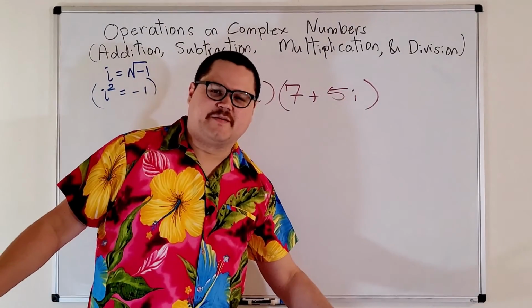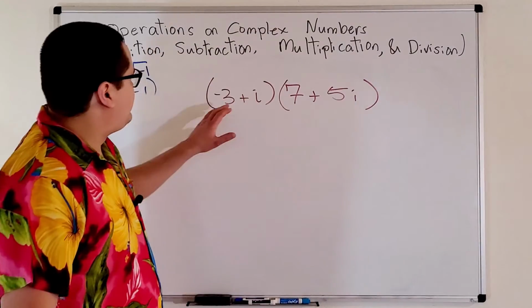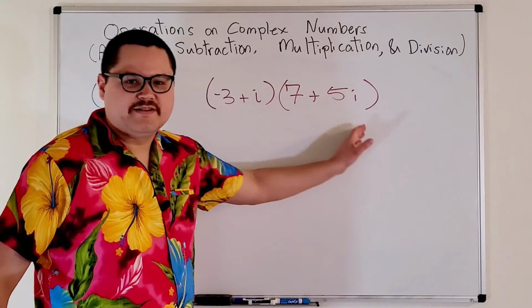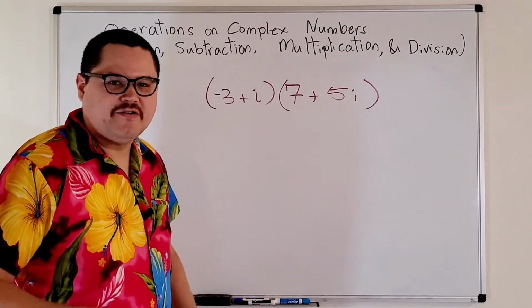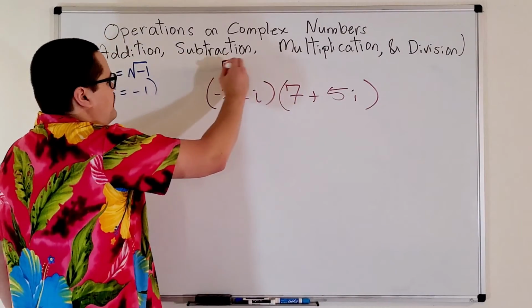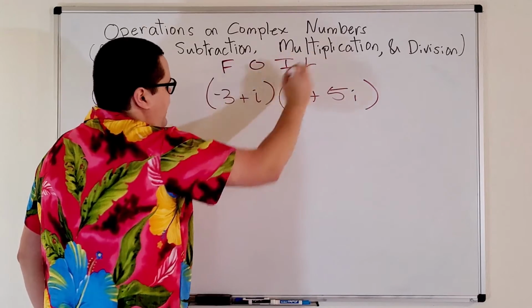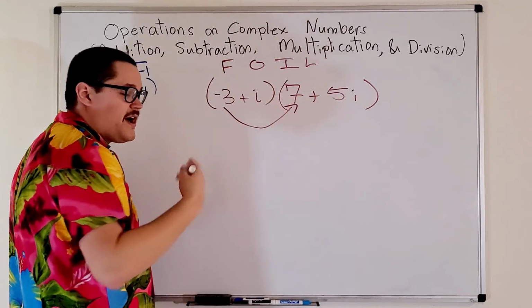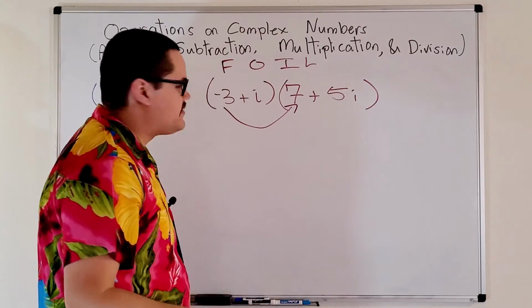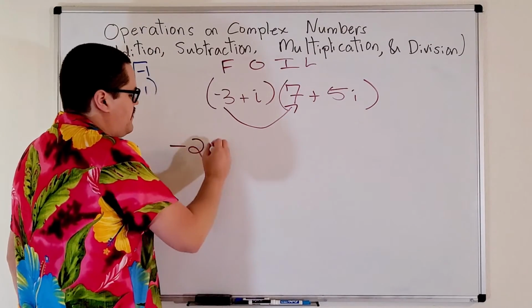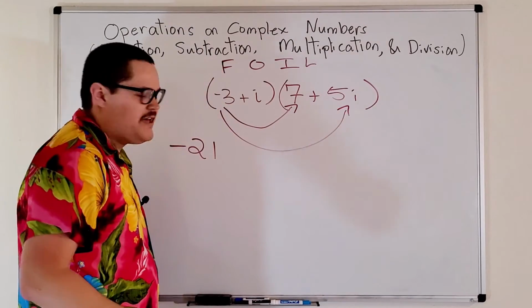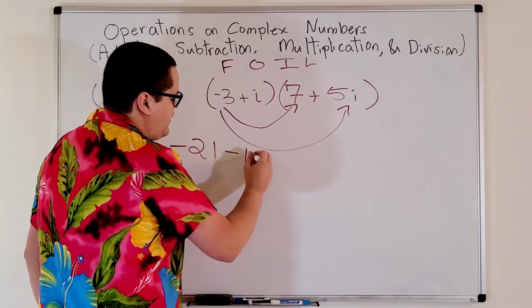Let's do another example for more practice. Negative 3 plus i times the quantity 7 plus 5i. As usual, FOIL. First, outer, inner, last. So negative 3 times 7 are the first terms, and that's negative 21. Outer, negative 3 times 5i, that's negative 15i.